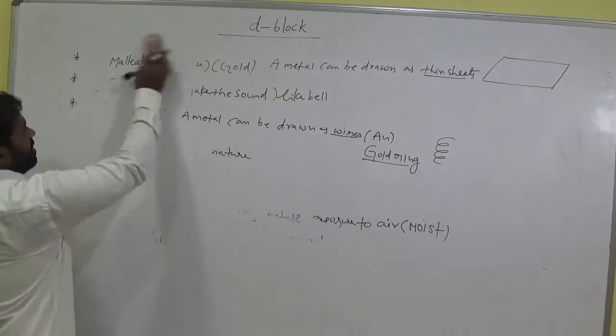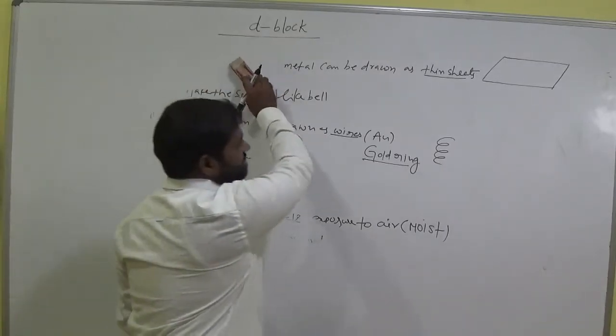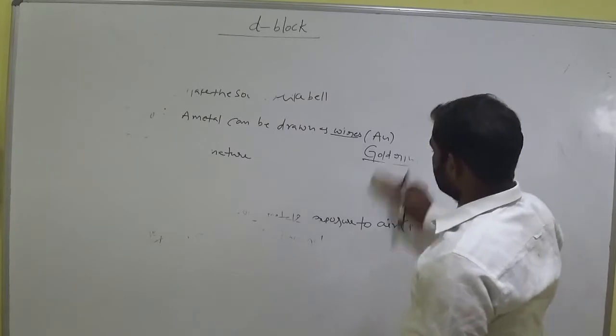The next property is the radius, or atomic size, of D block elements.